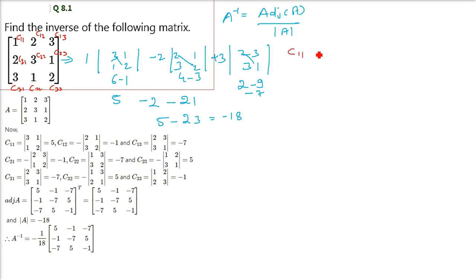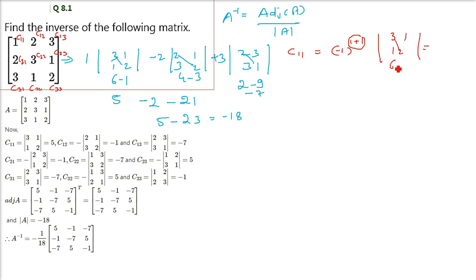Let me take a few of these. Let us take C11. Minus 1 to the power 1 plus 1, what will be there? Leave that row and column where 1 lies, and then we have this 3, 1, 1, 2. So let me write it here. We have 3, 1, 1, 2, and this is, see, negative 1 to the power even will always be plus 1.